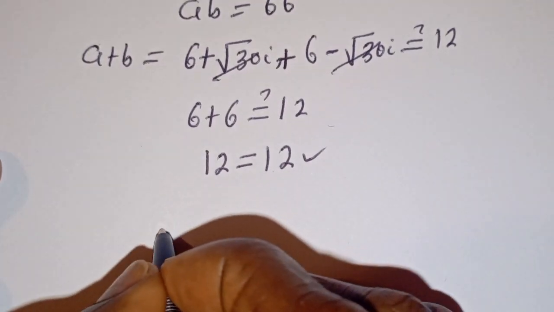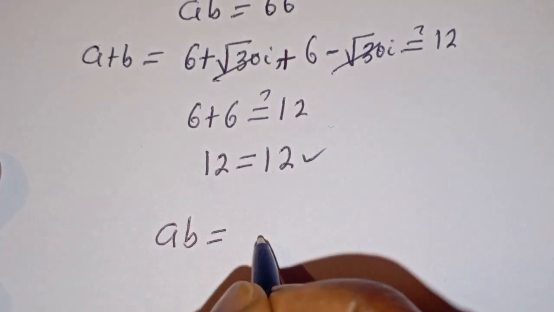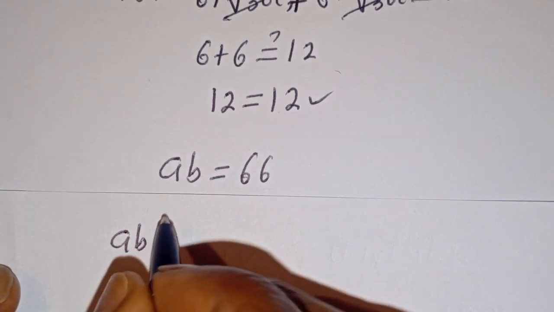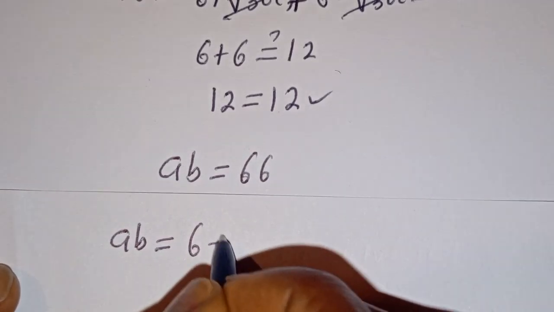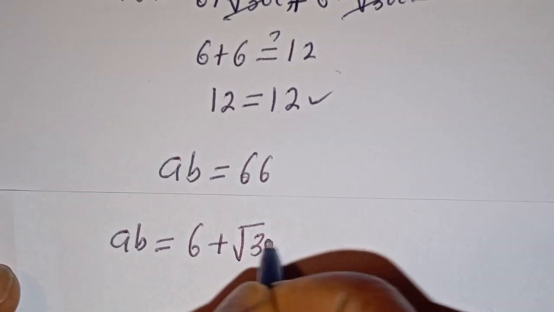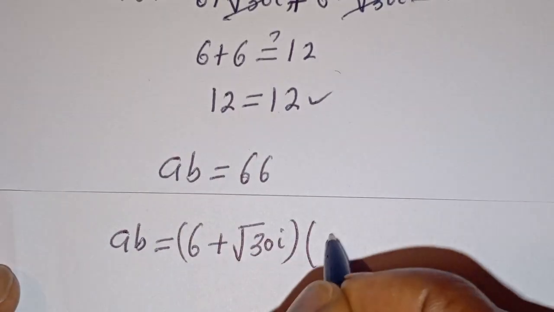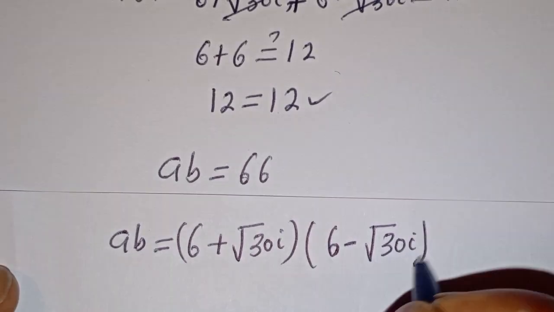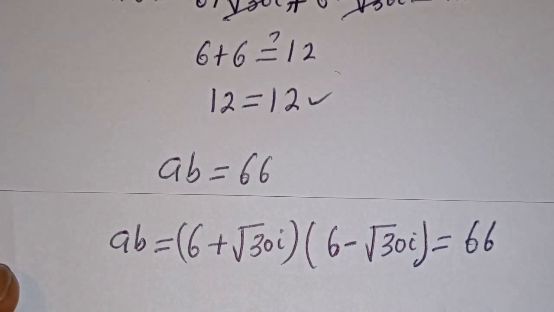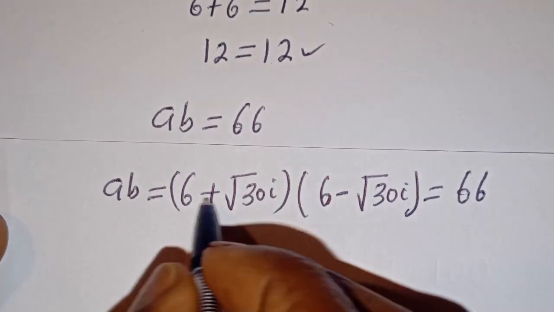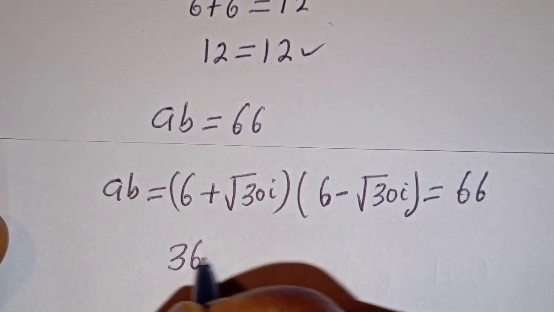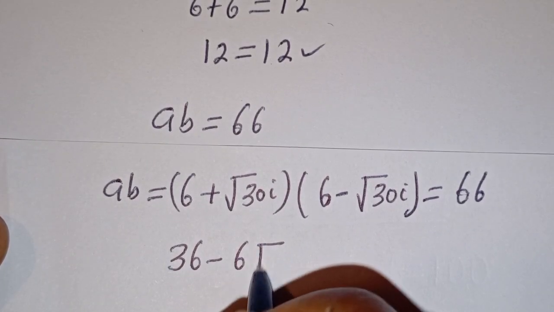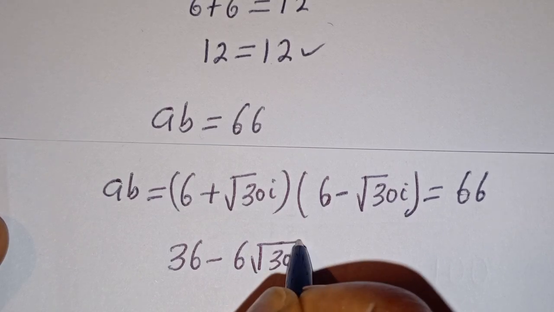Then let's confirm this. ab is equal to 66. ab is equal to 6 plus square root of 30i multiplied by 6 minus square root of 30i must be equal to 66. Then 6 times 6, this is 36. 6 multiplied by minus root 30i, this is minus 6 root 30i.